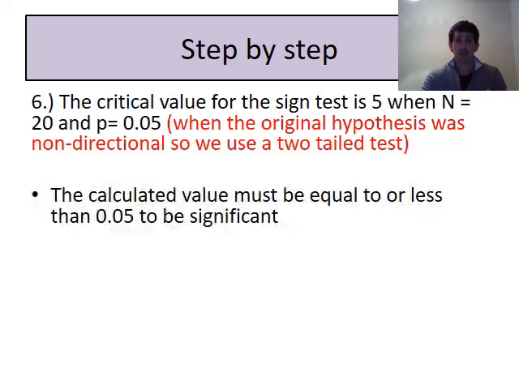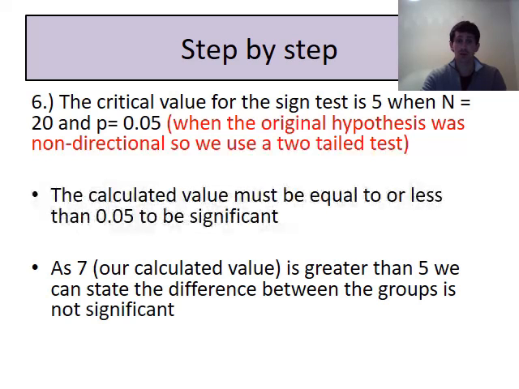But remember the table said the calculated value must be equal to or less than the critical value to be significant. As 7, our calculated value, is greater than 5, we can say that the difference between the groups is not significant. If our calculated value was a lot lower, let's say 3, then we could have said our difference was significant. But because it was 7, which is greater than the critical value of 5, we can state that the results are not significant.